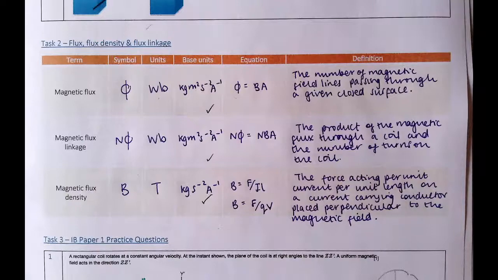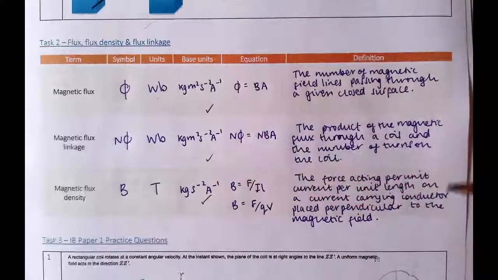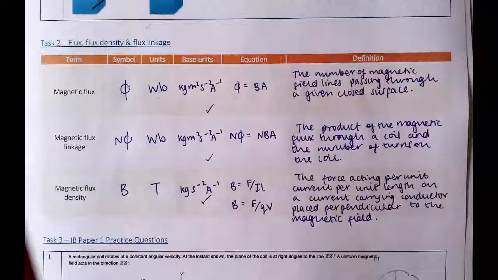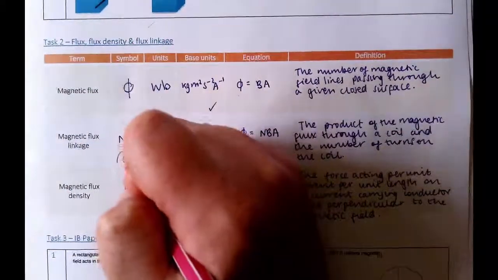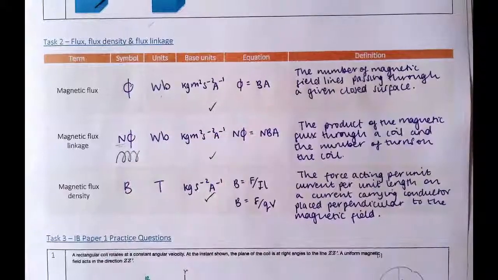Okay, and we know that flux linkage, what we're doing is we're taking the flux and then multiplying it by N, where N is the number of turns on a coil. Okay, and so the definition comes from the equation.